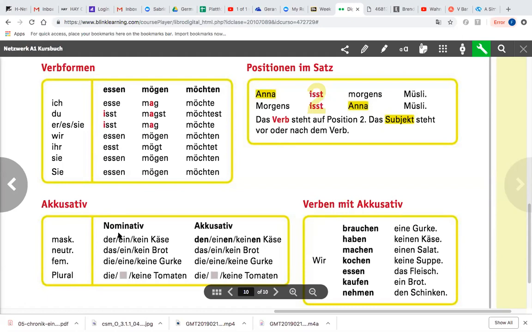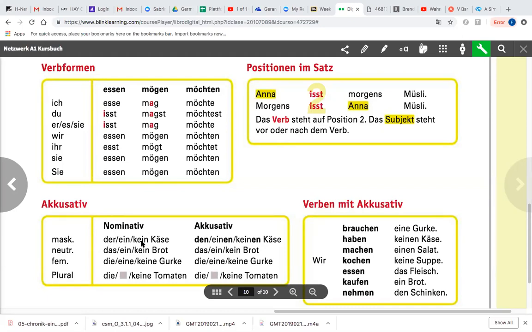So far you have worked with the nominative. Nominative is the word in a sentence which is the subject, the person or thing that is doing the action, right? So for instance, here we have wir. That is the subject. We are doing something, and then the verb determines what we're doing. And here you have the articles for the nominative.